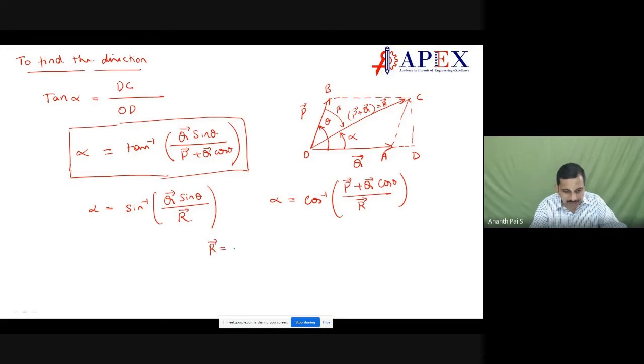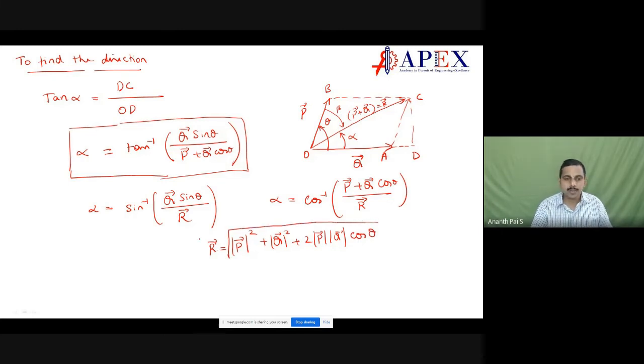Resultant R is equal to the square root of P square plus Q square plus 2PQ cos theta.